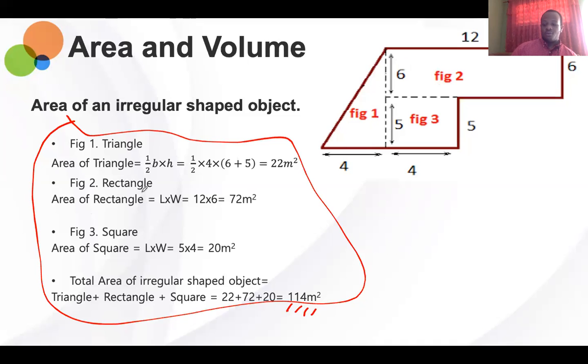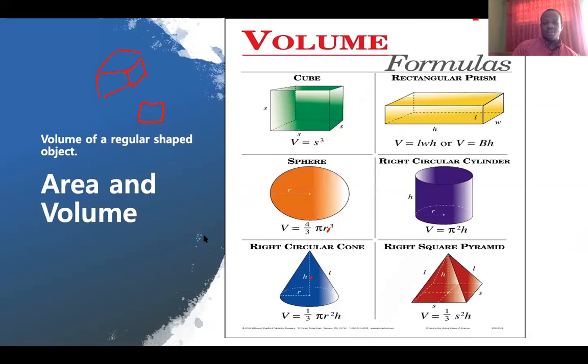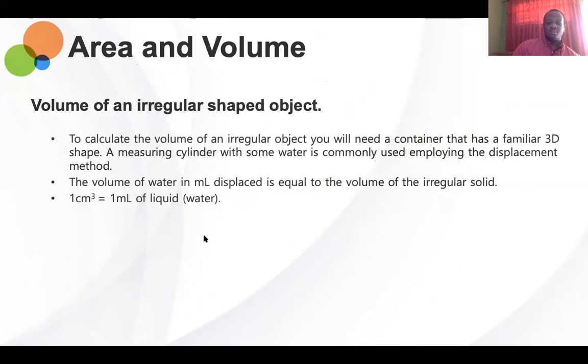Now, for the volume of an irregular shaped object, this is where it gets interesting, because we are not able to calculate the volume for a stone. Say we have a stone here. We go to the river and we find a stone. We're not able to calculate this.